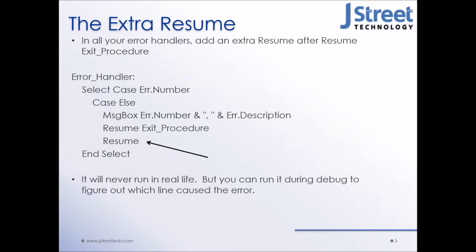But this extra resume sitting here allows you to immediately retry that line, and by hitting step, you step to the next line, and there you go, that's the line that caused the error. It's so handy, and we just leave the extra resume in this error handler all the time. Every error handler we have, we copy and paste in a template for it, and this resume is in there. So are there any questions on the extra resume?